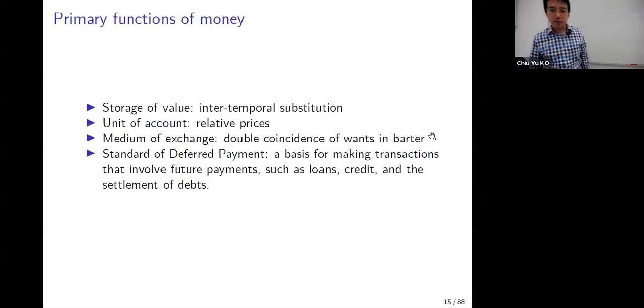I don't want to go into detail, but just a little bit about the functions of money. Why I talk about this is because it is related to Bitcoin. We can ask ourselves, is Bitcoin money? Does Bitcoin satisfy all these four essential criteria for money? First, is it a store of value?